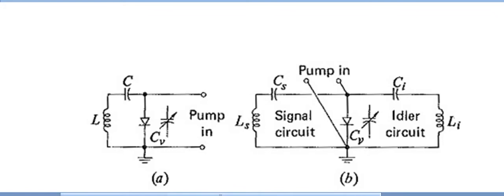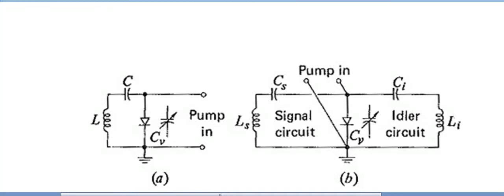And in the non-degenerative circuit, the energy taken from the pumping source is transformed into added signal frequency and idler frequency energy, and divides equally between the two tuned circuits.